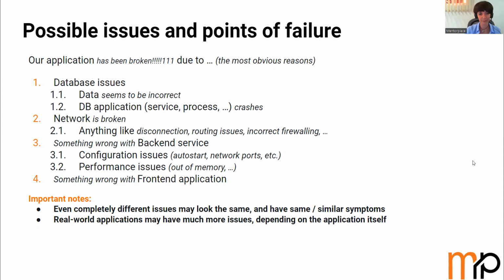And if something is broken with our network connection, we will have the result in our user interface. It is not a data tier, it is not a business logic tier, it's just a network. We can have a backend service issue, like configuration issues, like performance issues, like just REST or SOAP services issues.